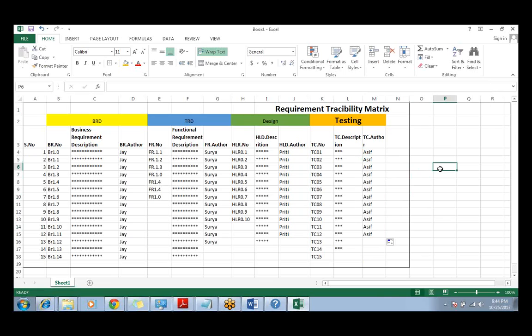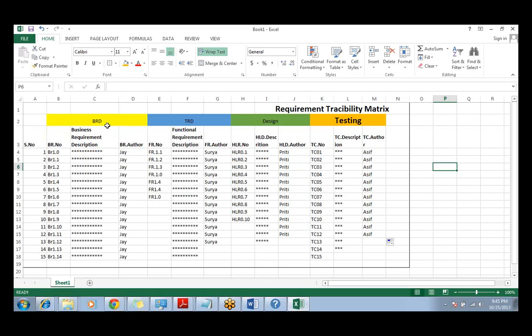So we got our requirement traceability matrix completed. But how can we have this document completed at the first shot? That's the question. To understand that, see here, this particular piece of information will be filled out at the time of the business requirement document.